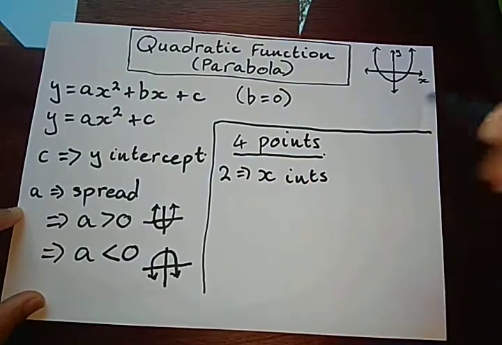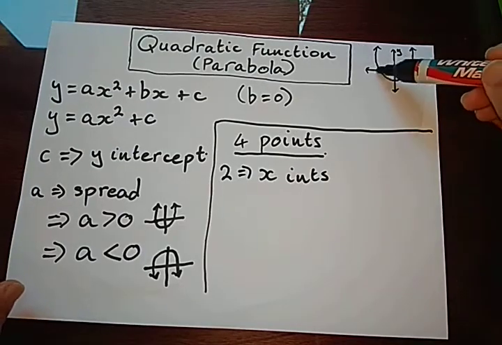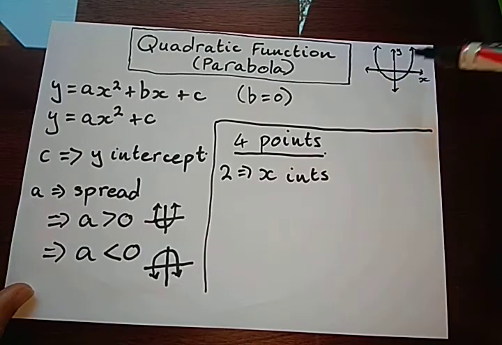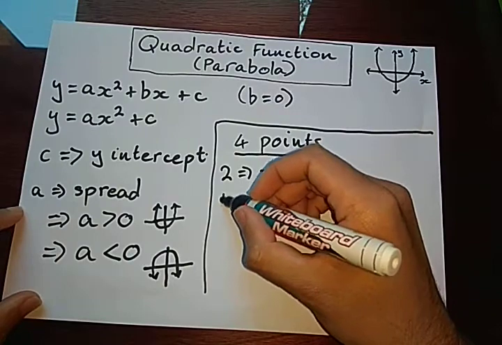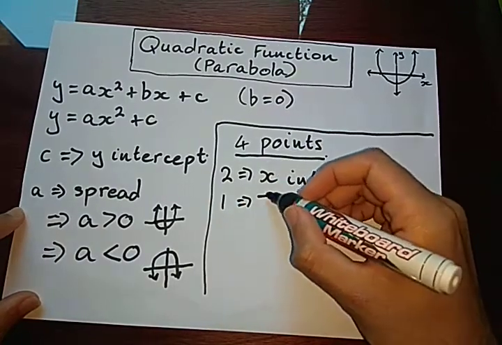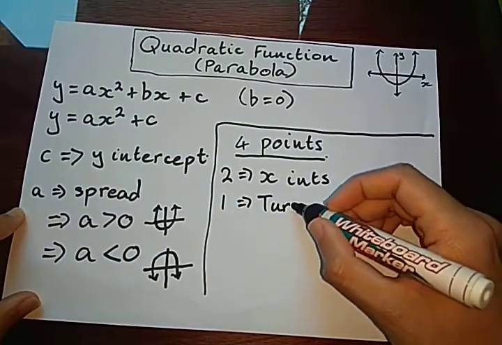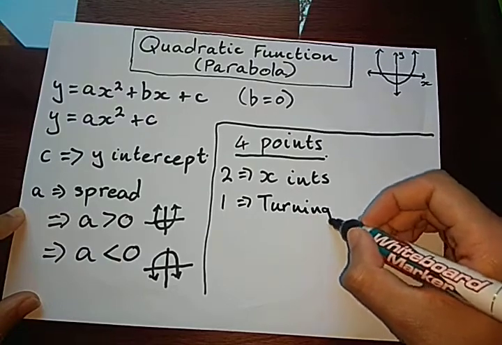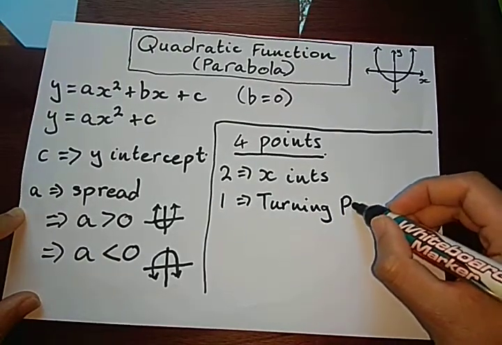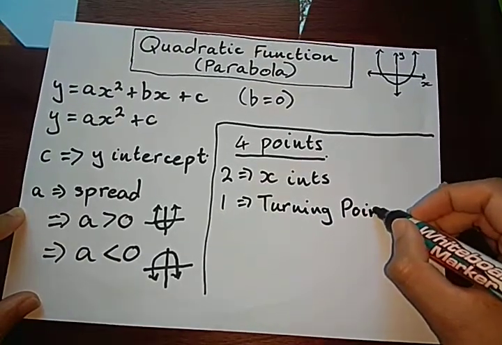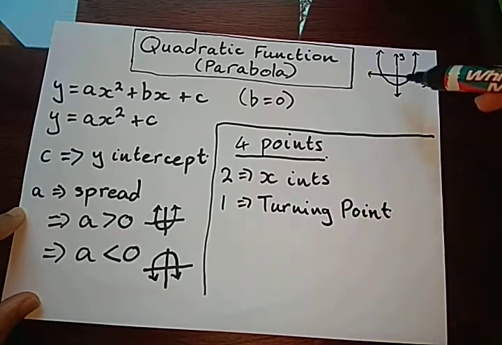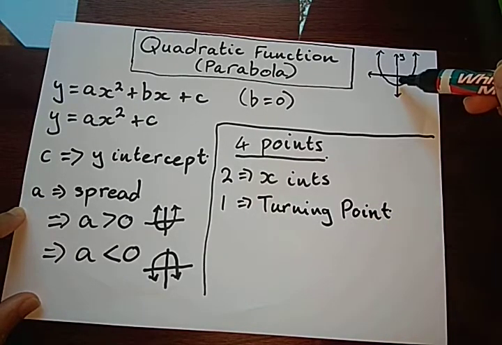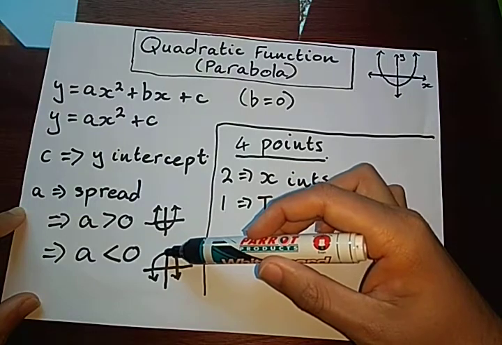Remember, most parabolas will always cut the x-axis at 2 specific points. Another point is known as the turning point, which represents where the graph changes direction completely. In other words, that would be a turning point. That would be another turning point.